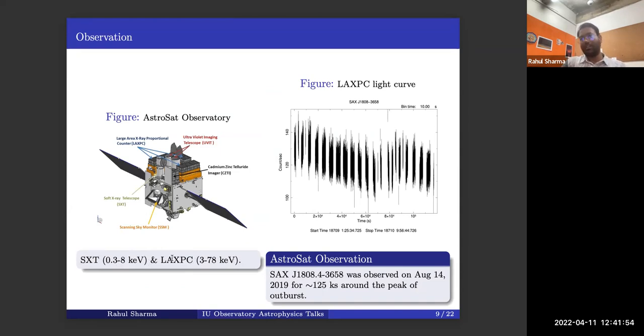LAXPC is a large area X-ray proportional counter, which has a large collecting area and a very good timing resolution of around 10 microseconds. SXT is a focusing instrument like Swift XRT. We use the data from these two instruments on board AstroSat.